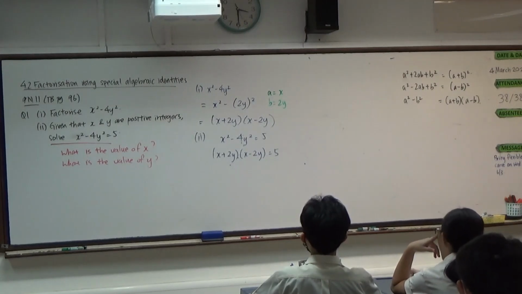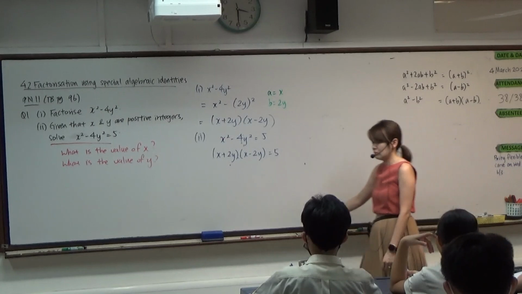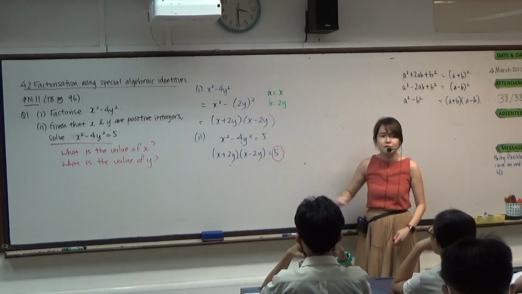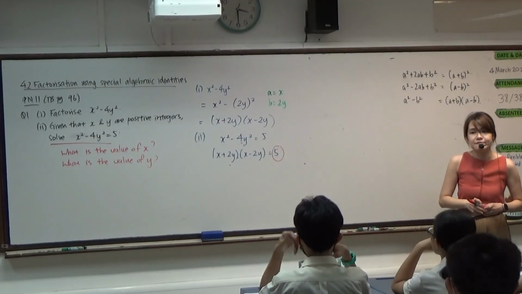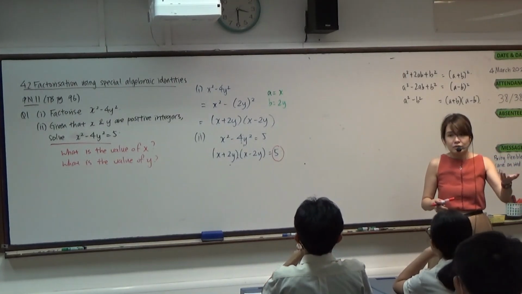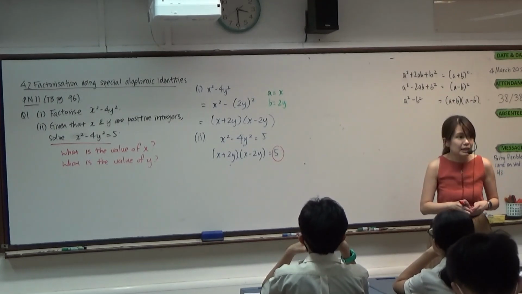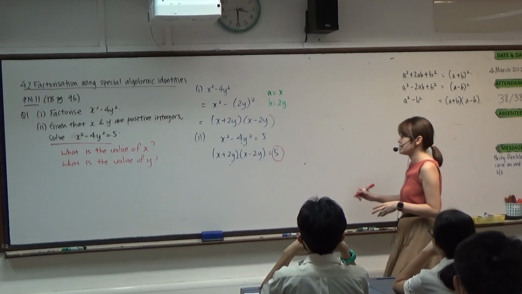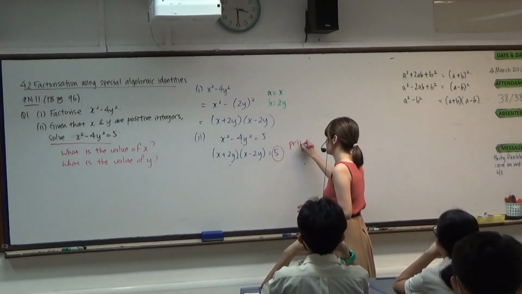But even if we get this, so what? We need to have a better understanding about the number 5. What kind of a number is 5? It's a prime number. We also know that it's an odd number, but it is helpful for us to think about it as a prime number.